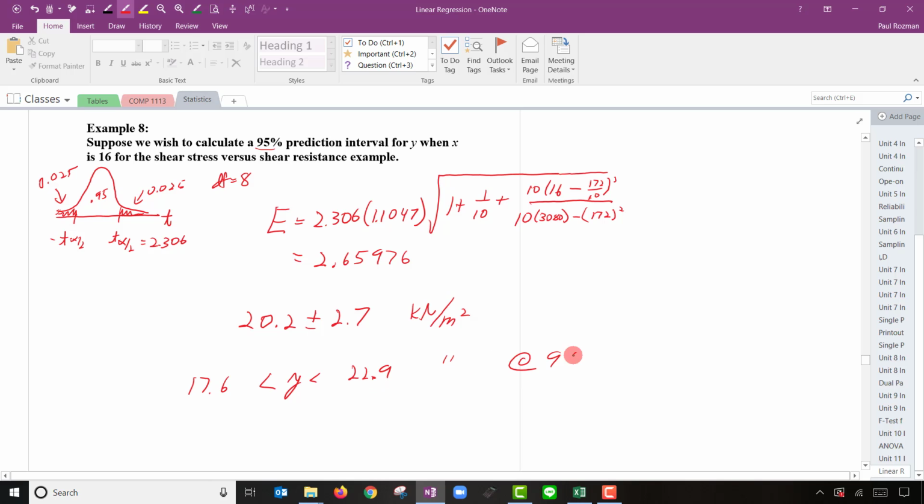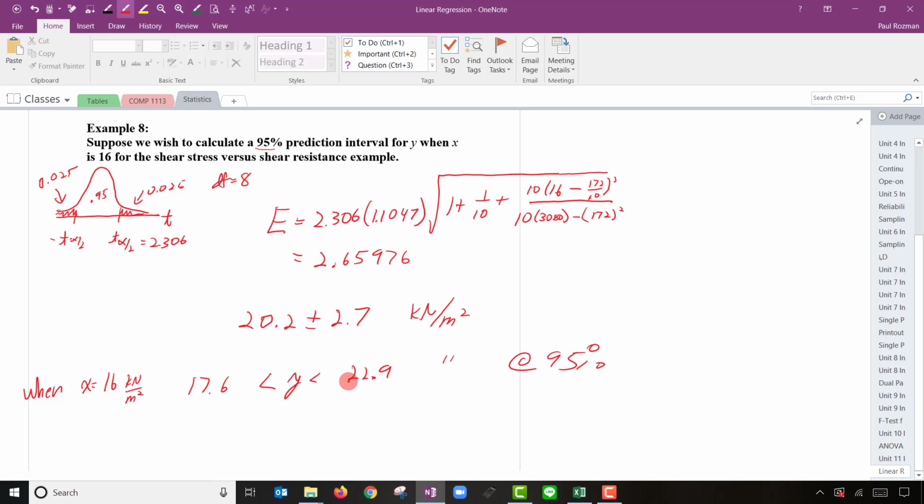And we're doing this at 95% confidence. So this is for when x equals 16 kilonewton per meter squared. When x is 16, we think y is somewhere in this range. That's basically what we came up with.